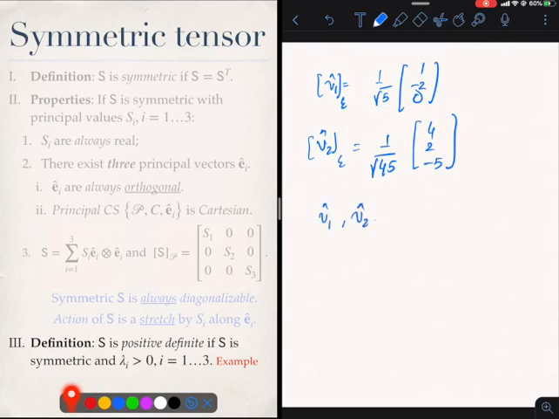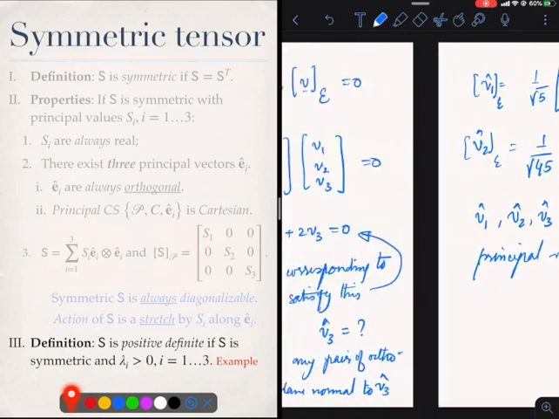You can check that V1, V2, V3 are orthonormal principal vectors of A, and they satisfy these properties.